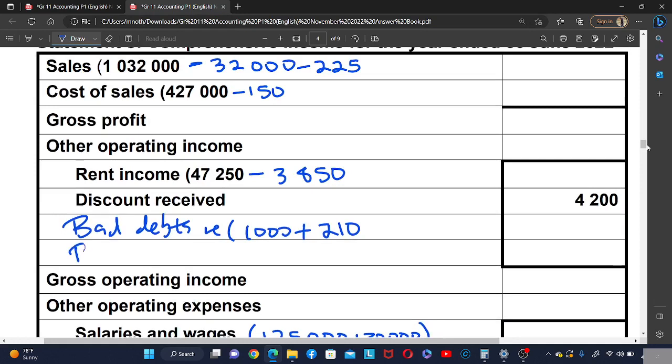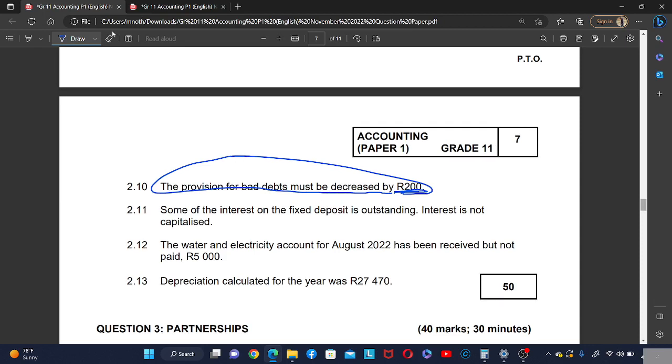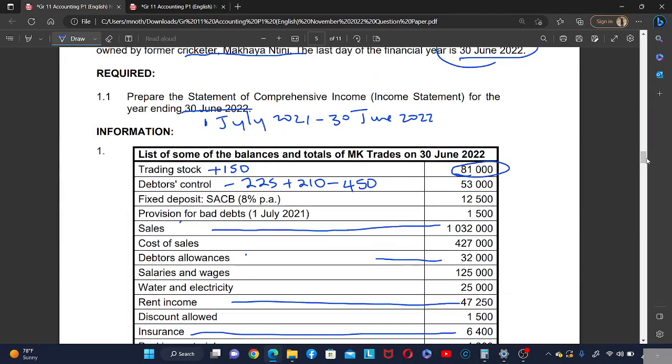Remember, I said the provision for bad debts, you calculate it using the debtors control balance. So in this case, if you are given the percentage, because here they have already calculated for you, you were not going to use this balance of 53,000.